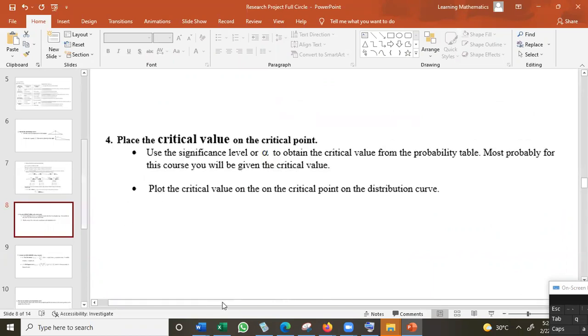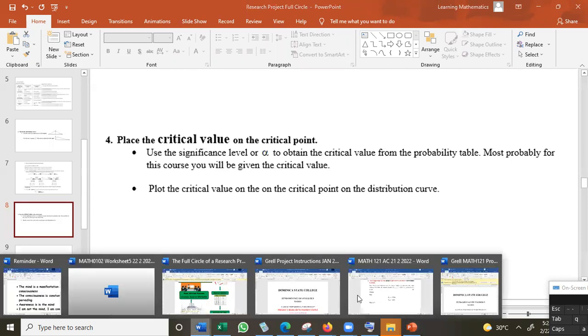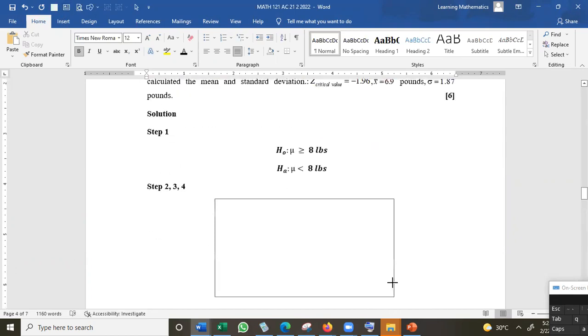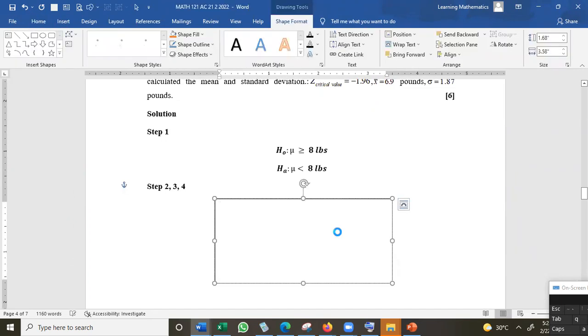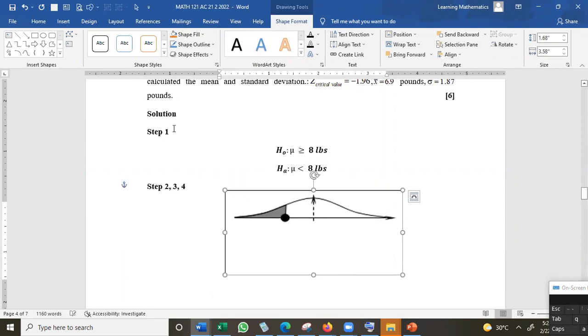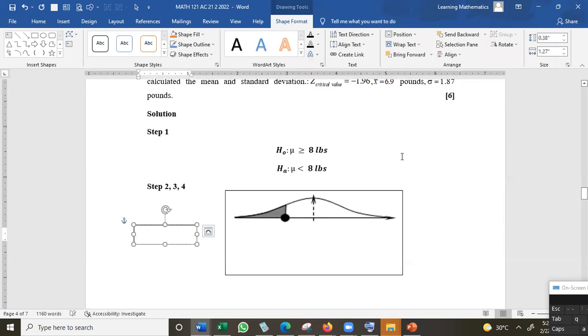Step 2, 3, and 4 one time. The critical value will be provided in this course. You'll be given the critical value. Here it is, minus 1.96. So let's put this in a text box to facilitate maneuverability. So normal curve and left tail, because this is pointed towards the left. And let us create another text box to put the critical value. The critical value is minus 1.96.